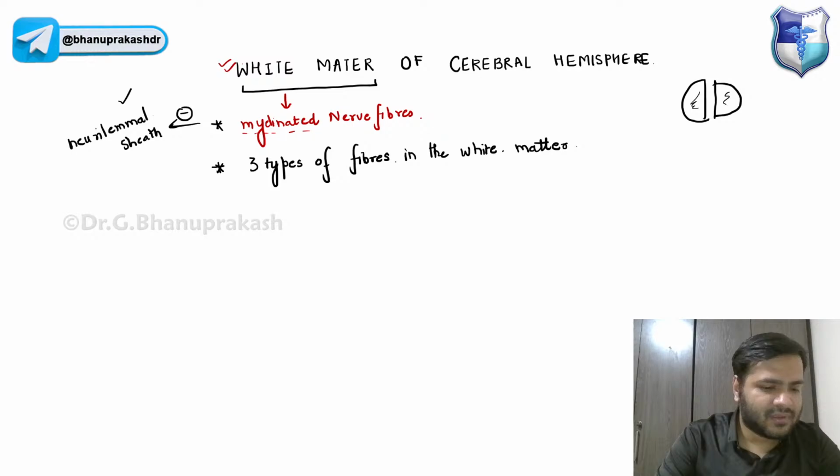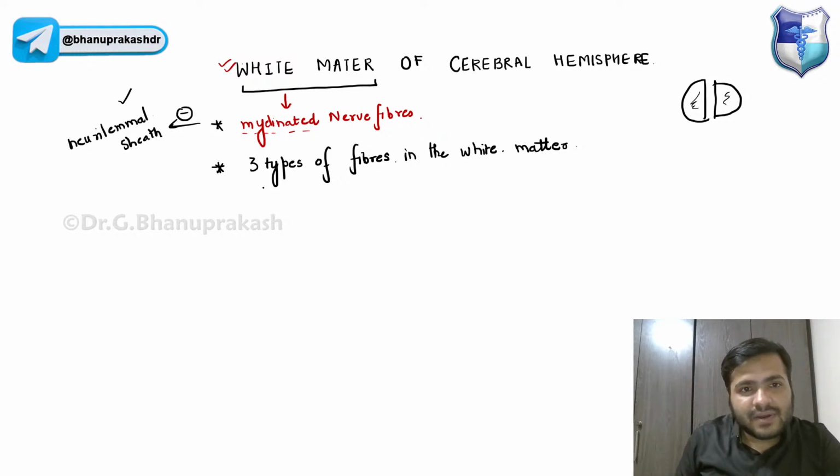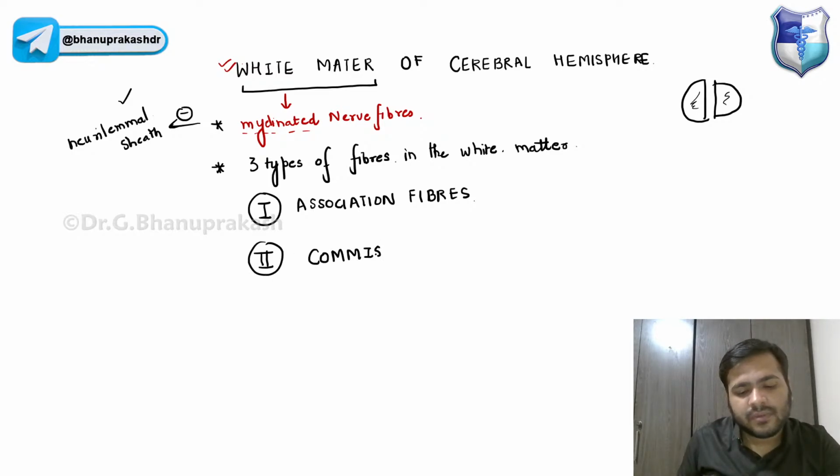Sure. Now there are three types of fibers, guys. The very first one that you have to remember is called association fibers. The second category that we are going to discuss is called commissural fibers, double S आएगा, commissural fibers.